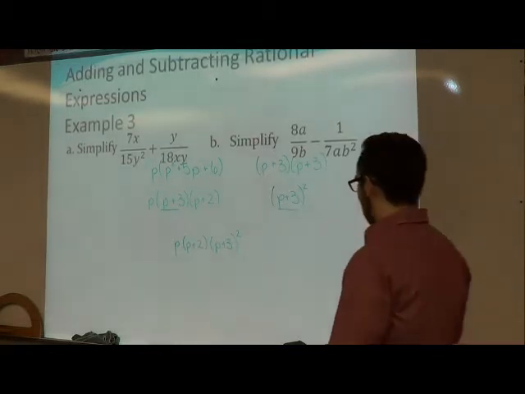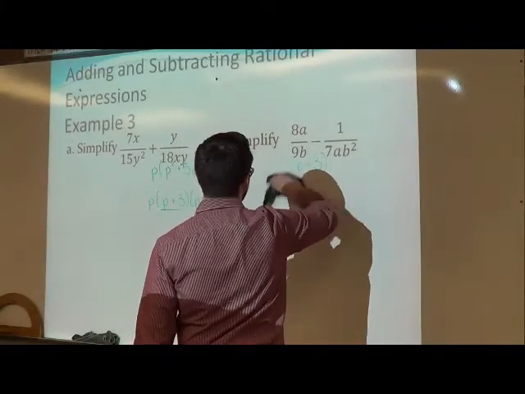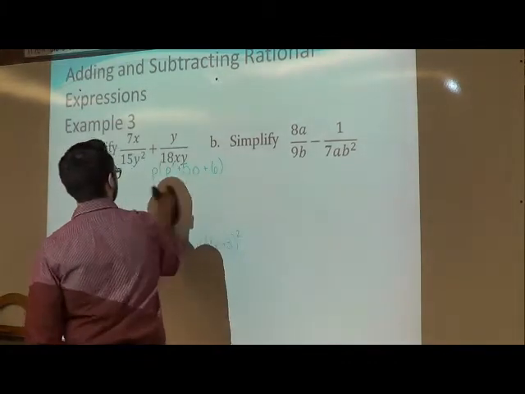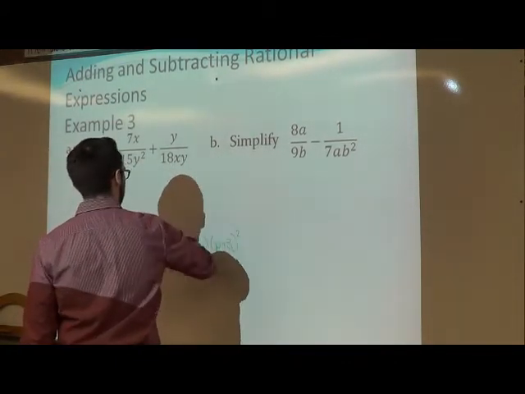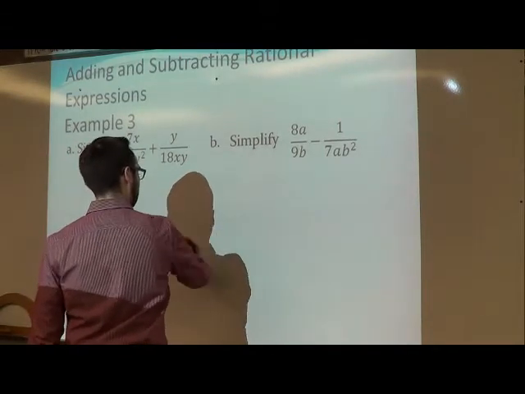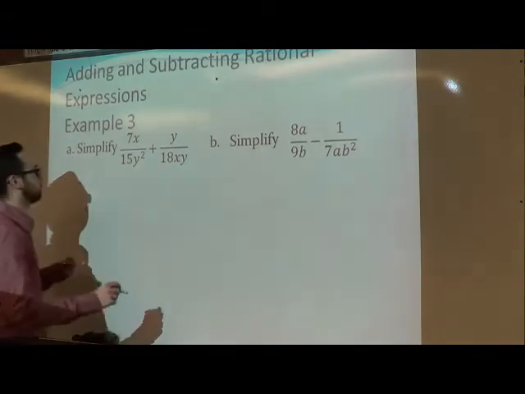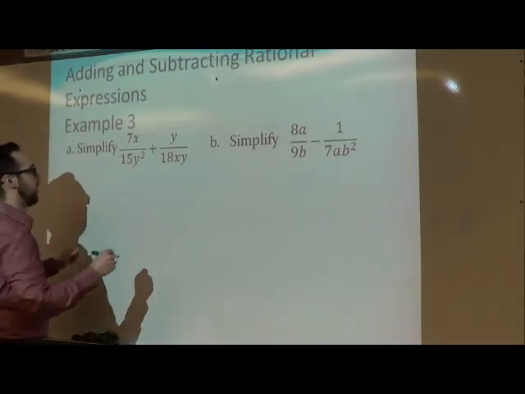So let's take a look now at how we would add and subtract rational fractions. So let's take what we've just done and apply it to these fractions. So we want to start by looking at our two denominators. I'm going to factor them.